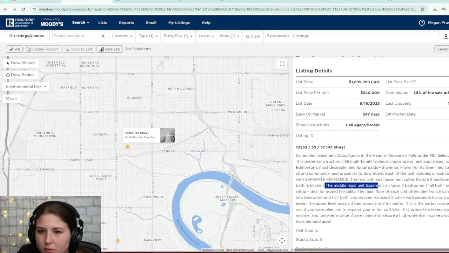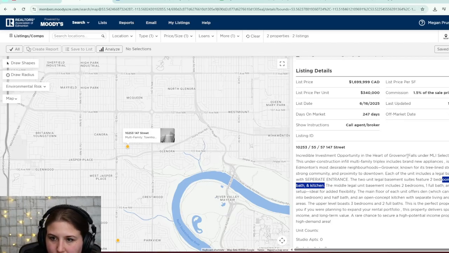Ooh, the middle unit basement includes 2 bedrooms, 1 full bath, and a bar. This is also a triplex.